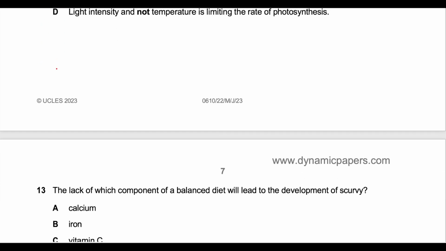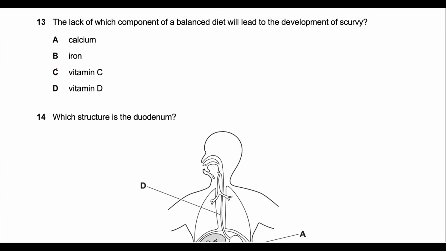Now, question number 13. The lack of which component of a balanced diet will lead to the development of scurvy? This is a direct question with direct information. Okay, you should memorize it. And directly, the right answer is C, the deficiency in vitamin C. For example, calcium deficiency will make a weakness in the bones, muscle cramps.